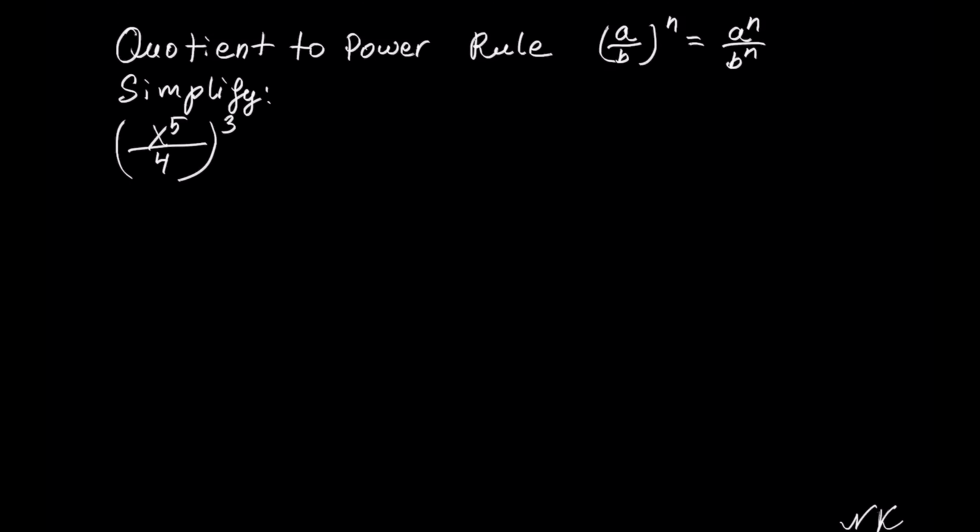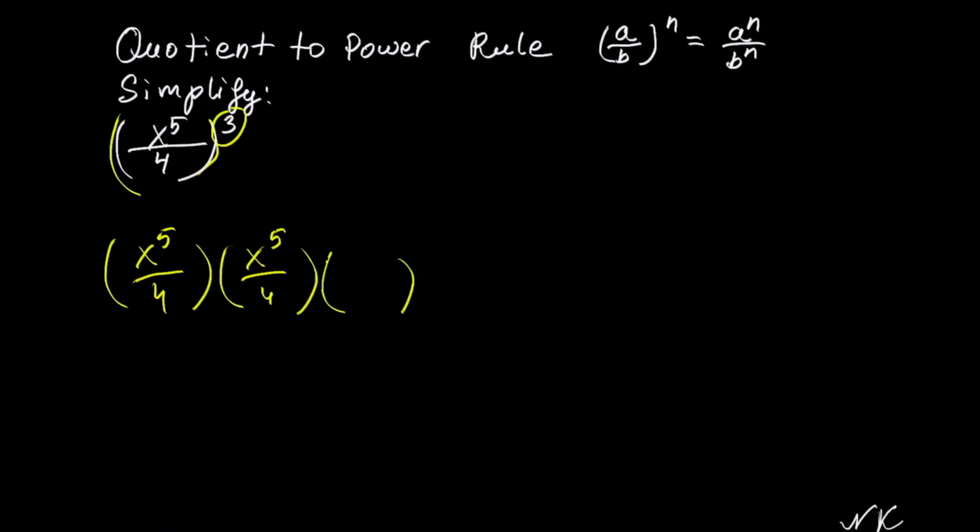Here we have to simplify a fraction of x to the 5 divided by 4 raised to the third power. This can be done by rewriting this parenthesis 3 times, because that's what power of 3 means, and have x to the 5 out of 4 copied 3 times.